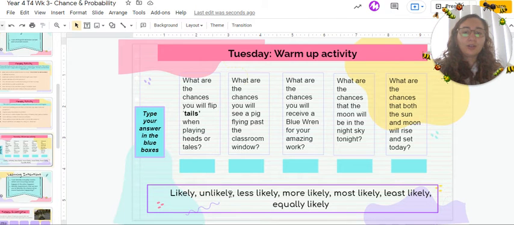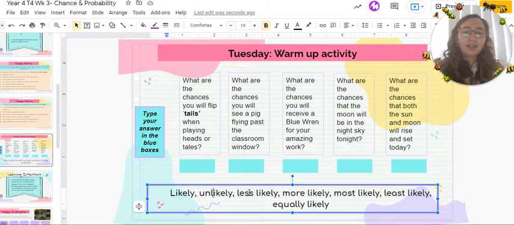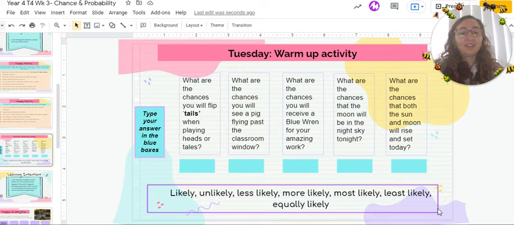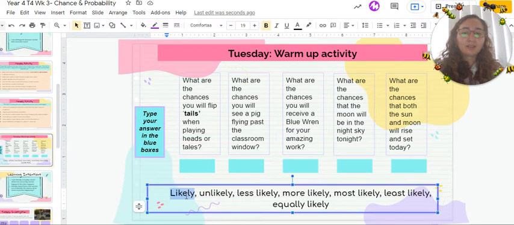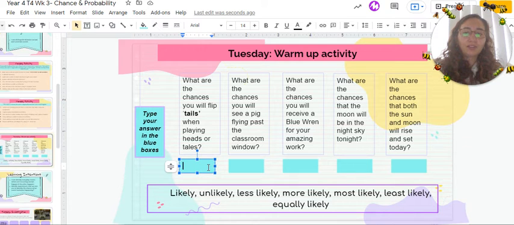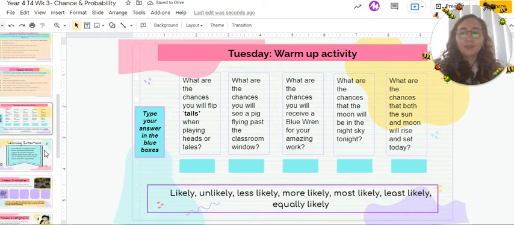You'll use these words: likely, unlikely, less likely, more likely, most likely, least likely, or equally likely. So you can either double click, copy it, and then put in whatever the answer is. I'm not saying likely is correct, or you can just type it in. I think typing it in would be so much easier, guys.